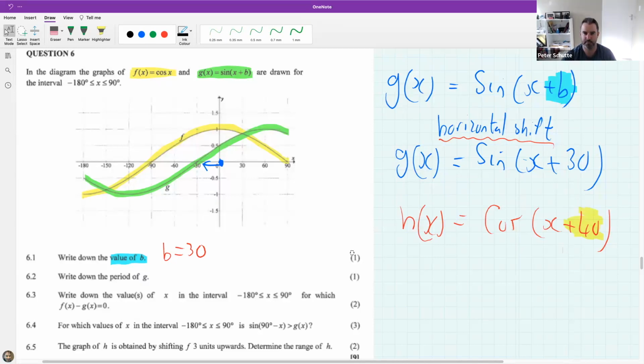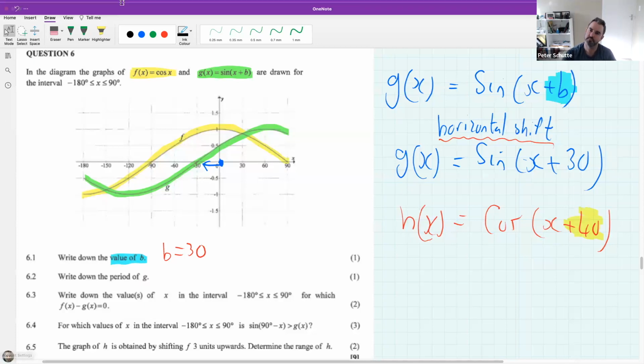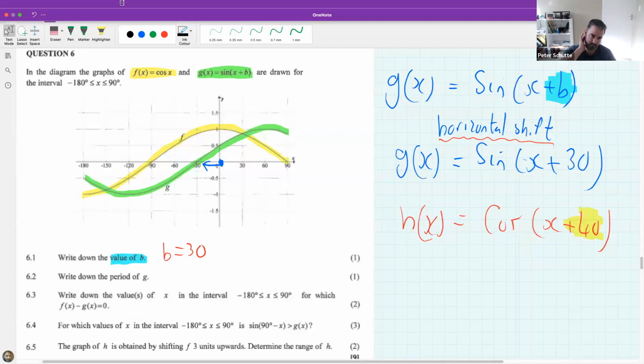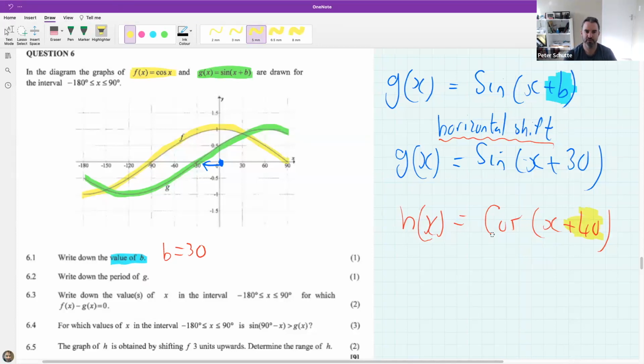Tell me in the chat what that plus 40 does to a normal cos graph. So all the plus 40 is going to do is move this 40 degrees to the left. So this whole graph would just move 40 degrees to the left here. Okay. So you all understand the basics of what a horizontal shift is.